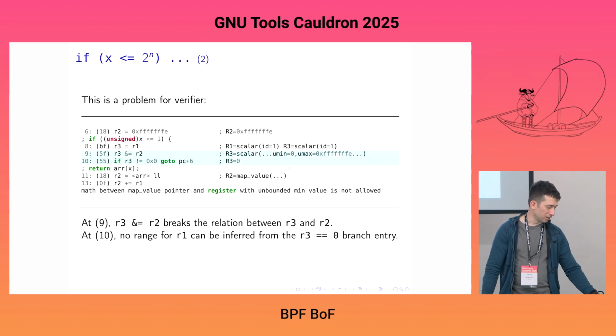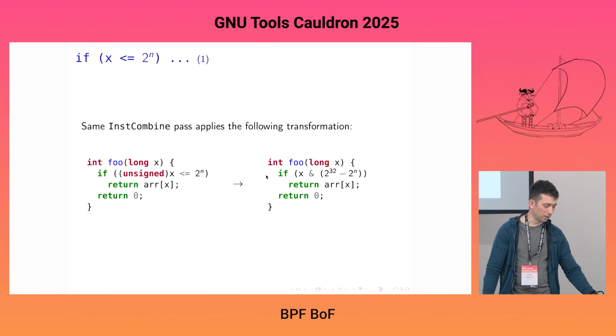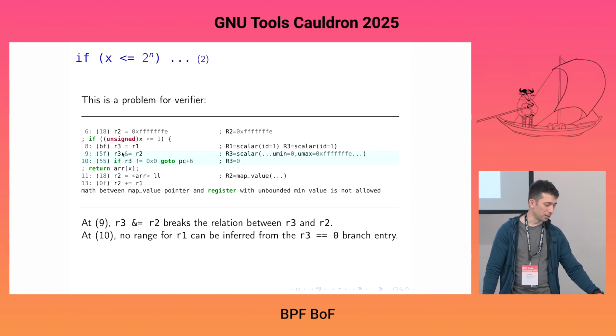And again, it breaks the verifier because at the AND operator, the link between the registers is lost. We access memory using register R1, but to compute this condition, we put it in another register, like R3 in this example. After this AND operation on instruction number 9, we lose the connection between R3 and R1. And this check tells us nothing from the verifier perspective.